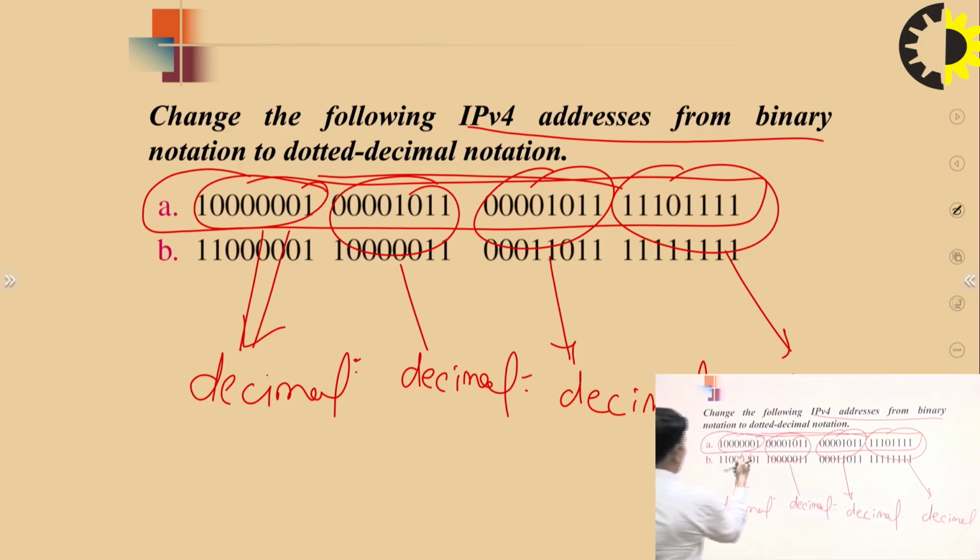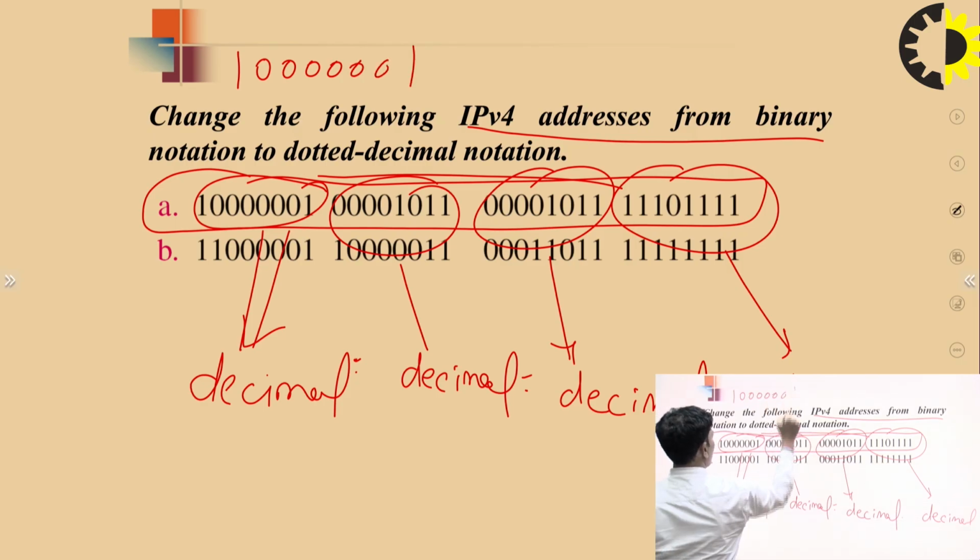Let me give the answer. What will be the value of this number in decimal? Anybody? So 1, then six 0s, and then 1.